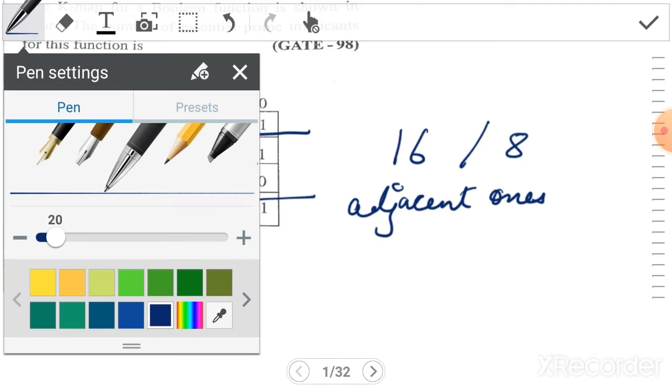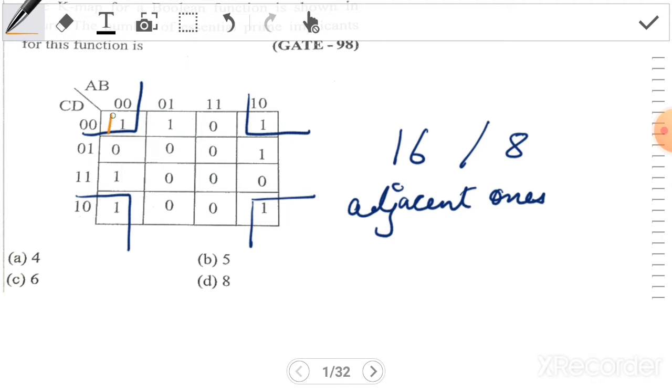And we can group these two adjacent ones. We can group these two adjacent ones and these two adjacent ones. So we have total of 4 groups. So there is no single one left as ungrouped, so we need not check further.